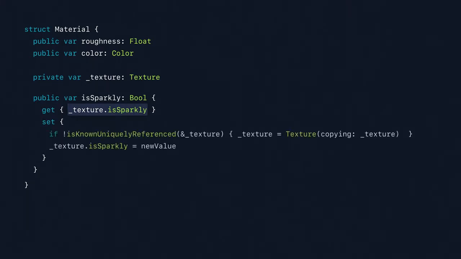But in the setter, we can first check if the object is known to be uniquely referenced. And if it's not, at that point, we can make a full copy of the texture object before going on and making our mutation. By adding this one line to check for uniqueness, we've implemented full copy-on-write value semantics while still exposing the properties we want on our reference type.